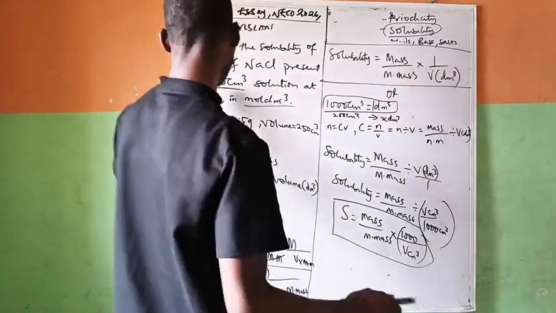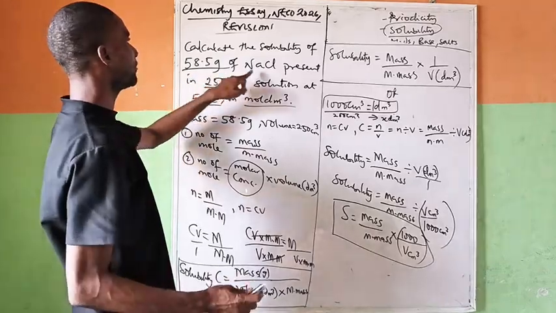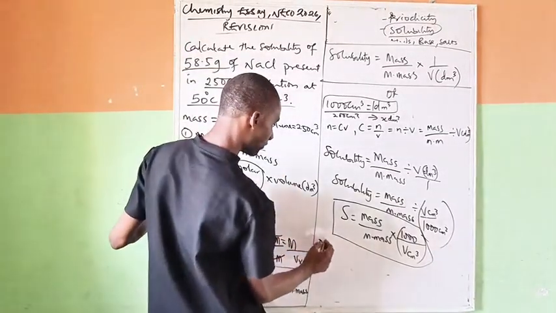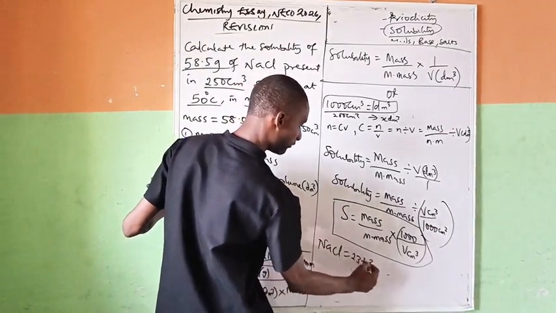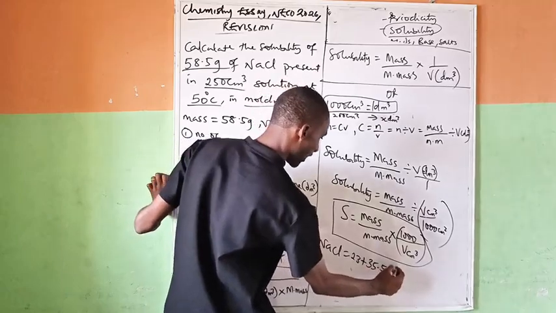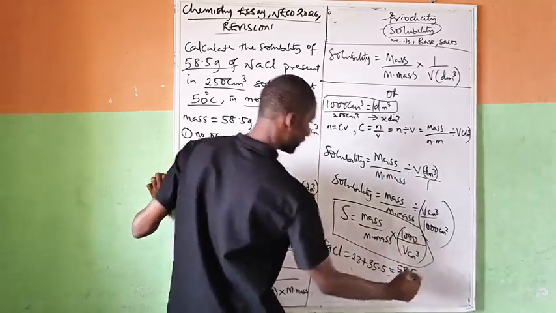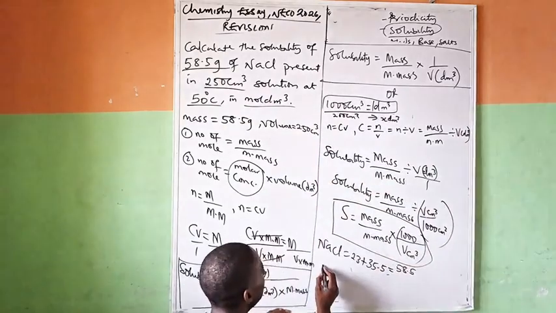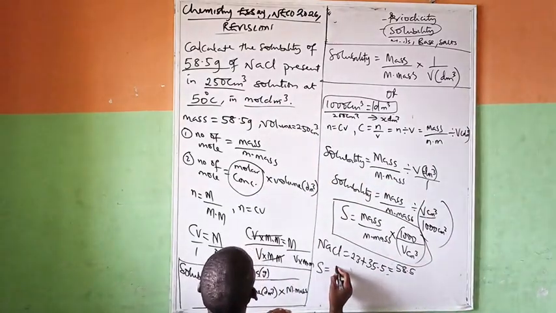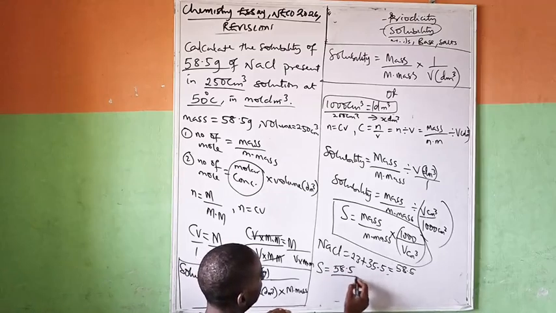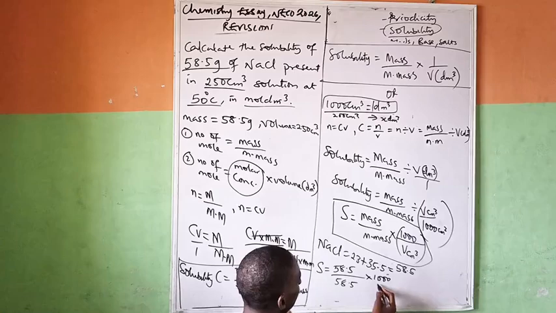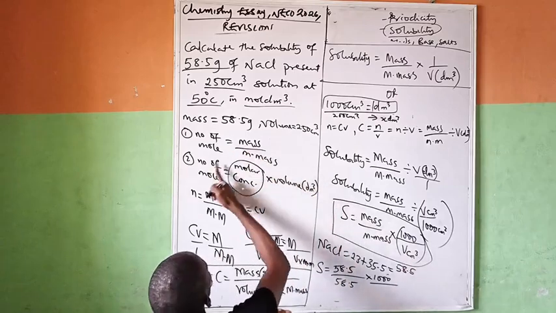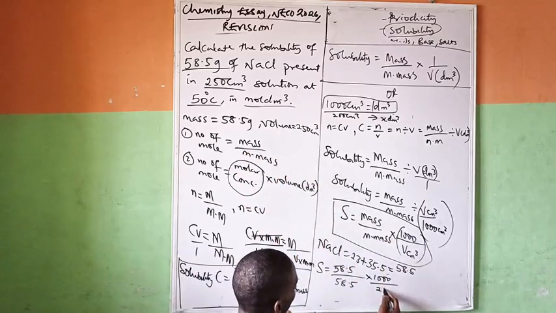So to calculate this question, let's calculate the molar mass of sodium chloride. Sodium is 23, chlorine is 35.5. If you add it, you have 58.5. That's the molar mass. So the solubility is going to be: the mass is 58.5, divided by molar mass 58.5, times 1000 divided by our volume in cm cube, 250.